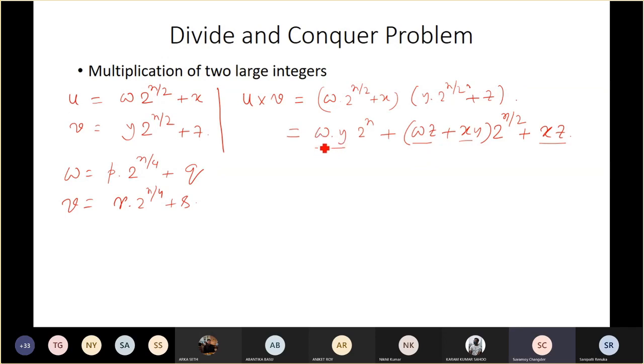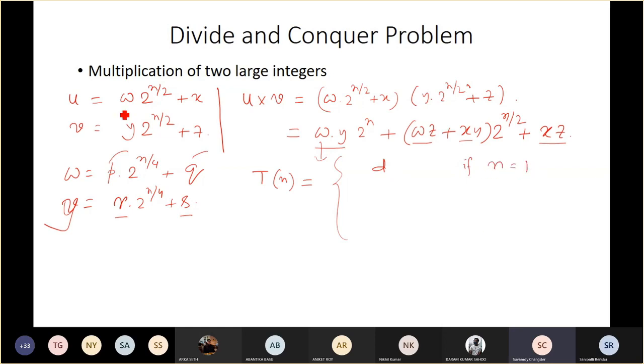Because w will be divided again into 2 values p and q, this y will be divided into r and s and so on. So can we write that the time complexity to multiply two integers of length n can be written as d, a fixed value, if the length is equal to 1.